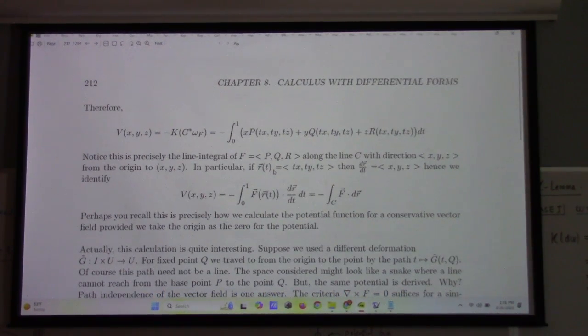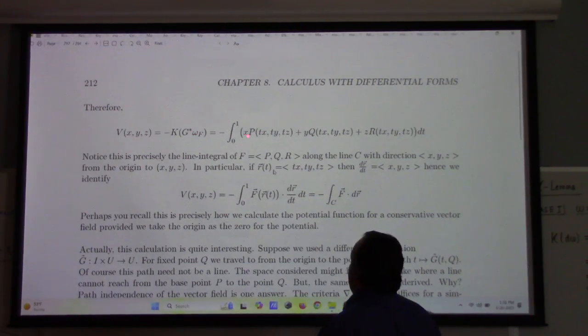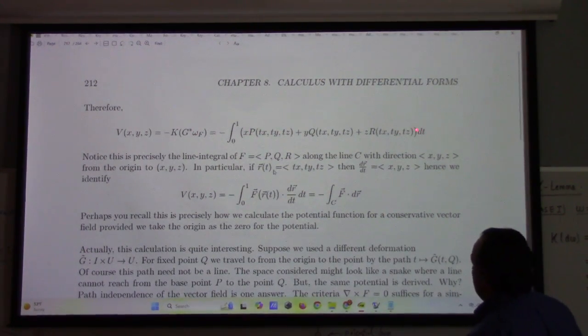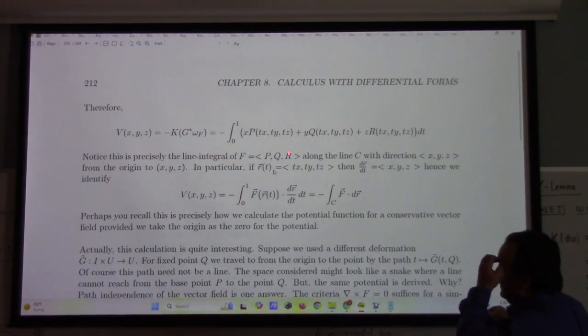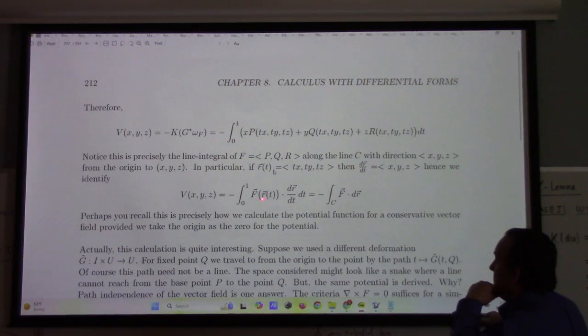So my potential is minus the integral of all that jazz, but that is exactly what we get from integrating the force along the path that goes from the origin out to x, y. This is the path which parameterizes the origin to the point x, y, z.